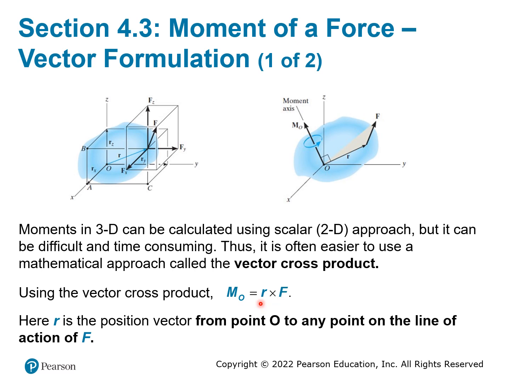And R, so what is R? R is a position vector, which goes from your reference point to the point where you apply the force. So if your force is applied at this point, R is going to be from the origin here to where the force starts. That is our R vector, and that is our position vector.